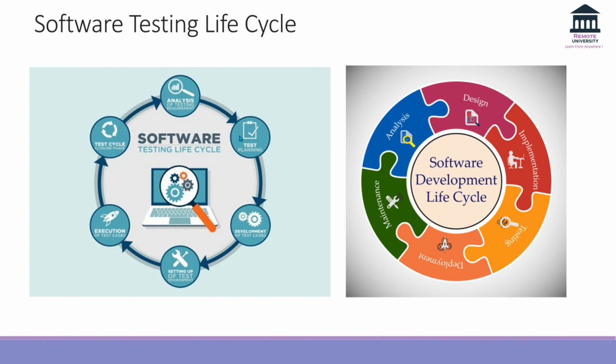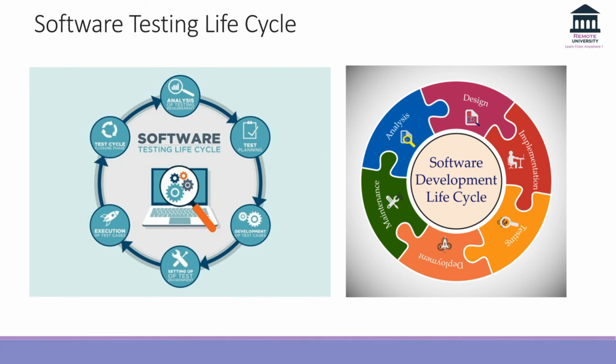During this phase, as you might hear, or if you already know the software life cycle, the team involved in this testing life cycle will produce a deliverable called the test plan. We'll look at that in detail in later videos.